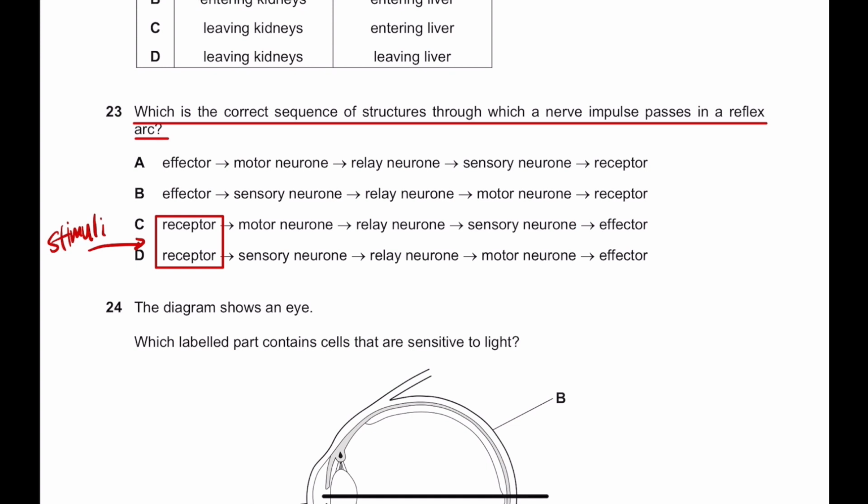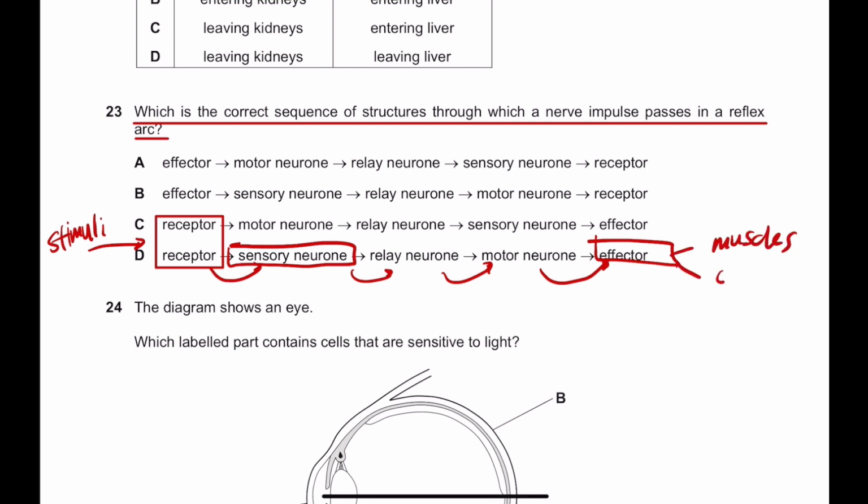If there are many things acting as stimulus, you could call them collectively stimuli. Stimuli is plural, stimulus is singular. The receptors perceive stimuli, and then send the signal through the sensory neuron, then relay, motor, and effector finally. Effectors are like muscles and other organs.